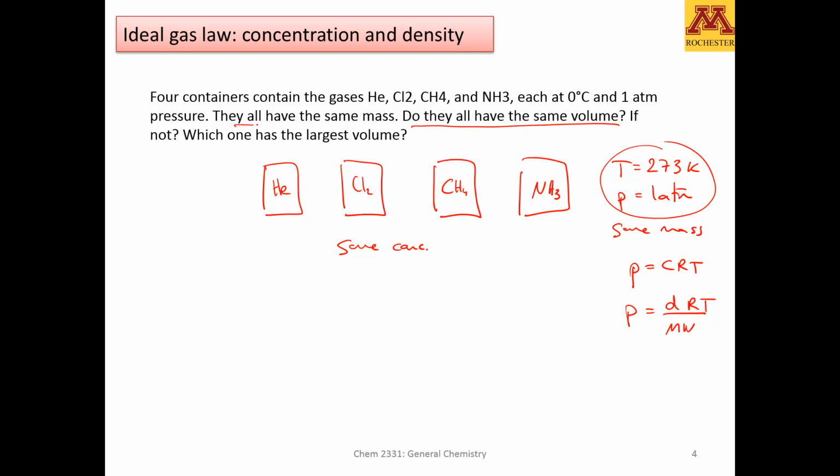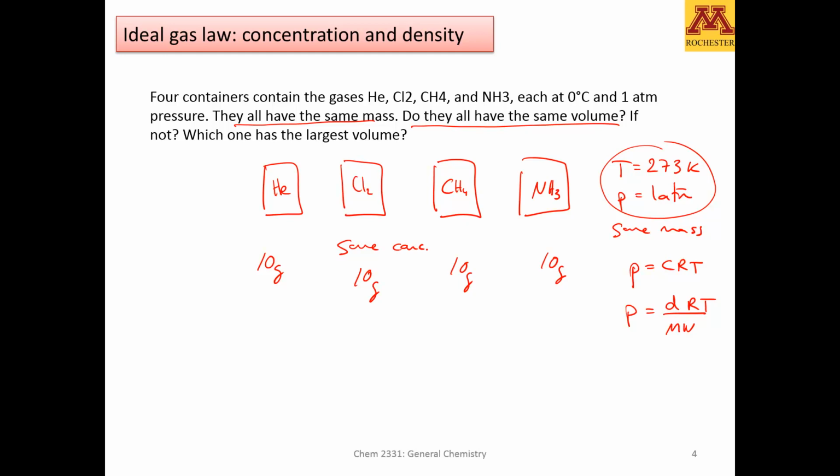Well, they all have the same mass. Notice that 10 grams, 10 grams, 10 grams, 10 grams, for example, I just made it up. Do they have the same moles in here? No. In which case do we have the largest amount of moles? Well, let's see.